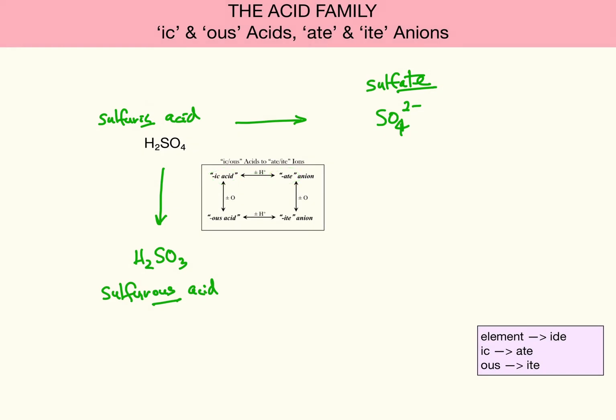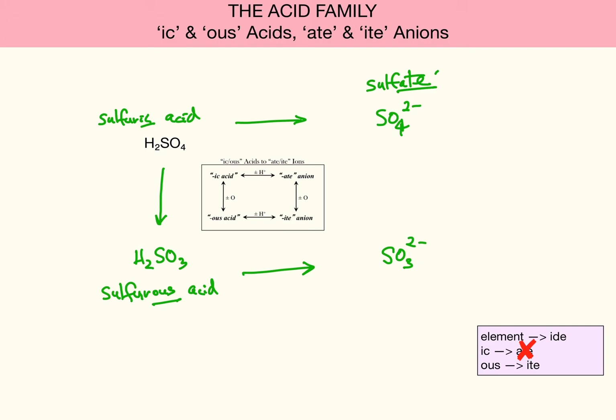Well, wait, you say sulfurous acid is an acid, so shouldn't it give up a proton? Indeed it does. It's going to go to SO3, and because we're giving up 2 hydrogens, it's -2. And we need to give this a name. Well, we can't name it sulfate because that name is taken. Let's name it sulfide.